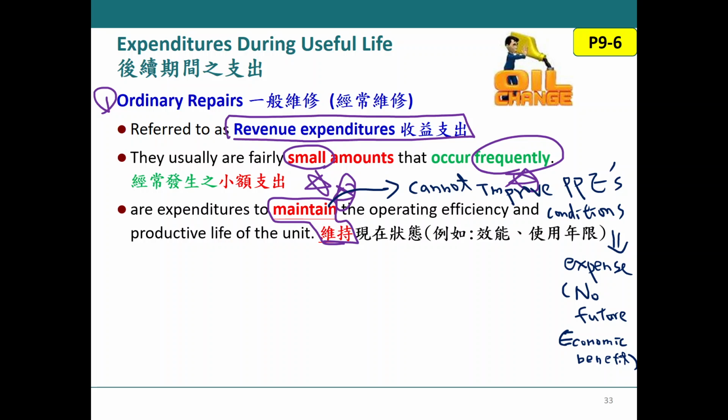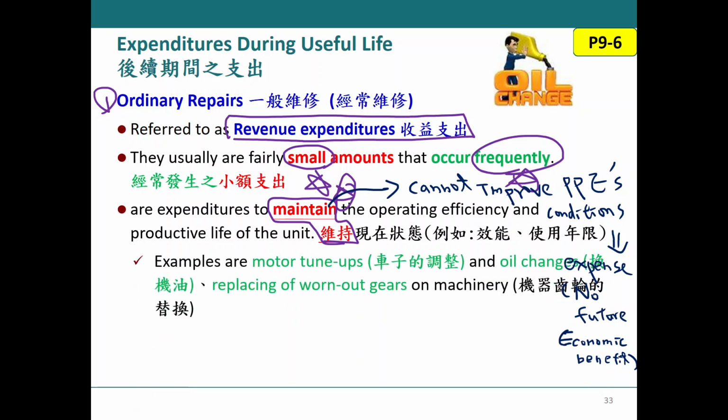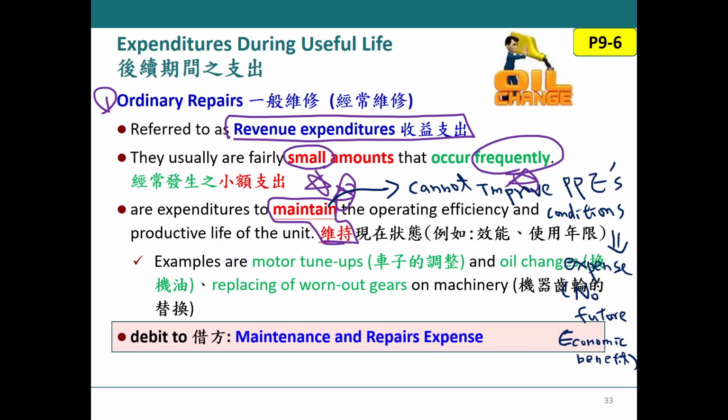So since you understand that's your expense, which account do we use for PPE maintenance and repairs? Expense, okay? 维修保养费用. So the money we spend is our expense. The account we use is maintenance and repairs expense. 维修保养费用.